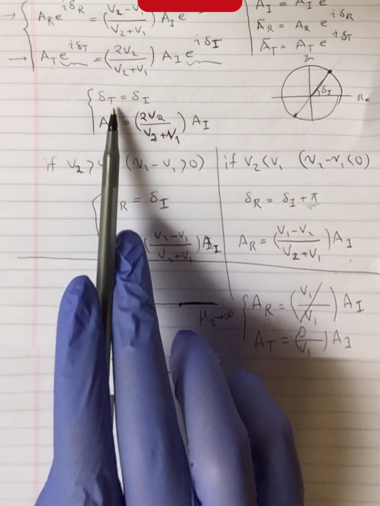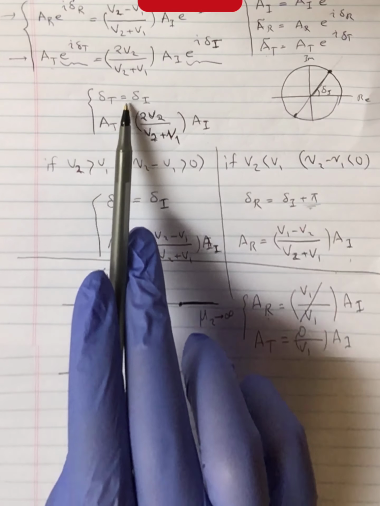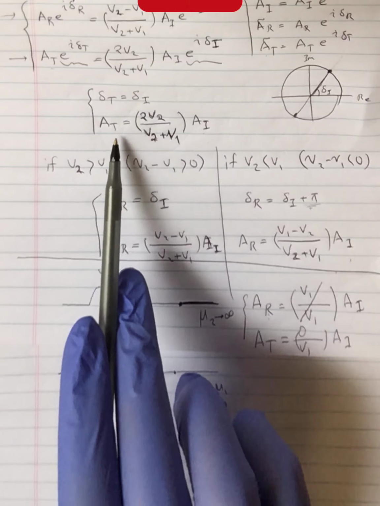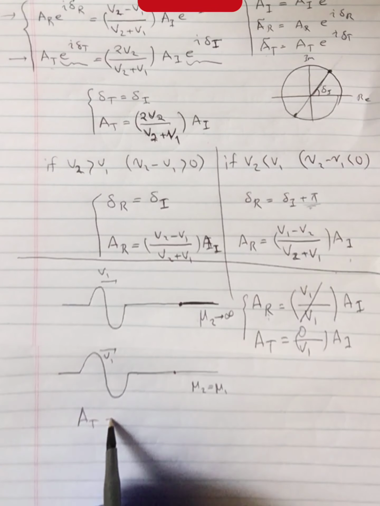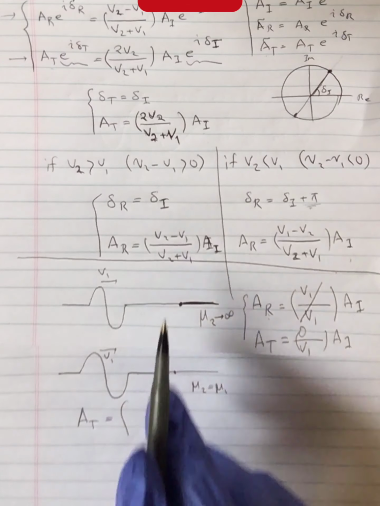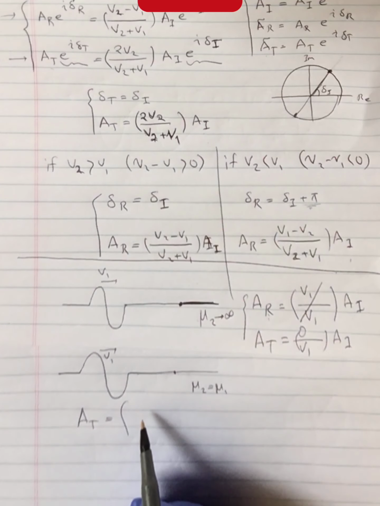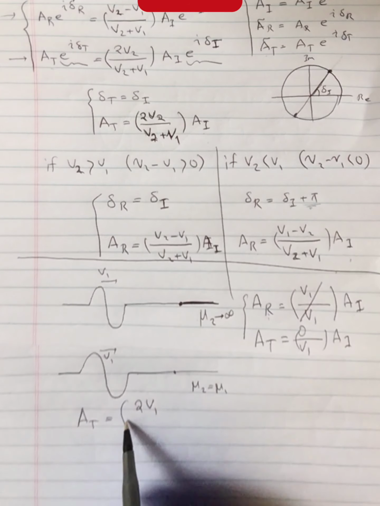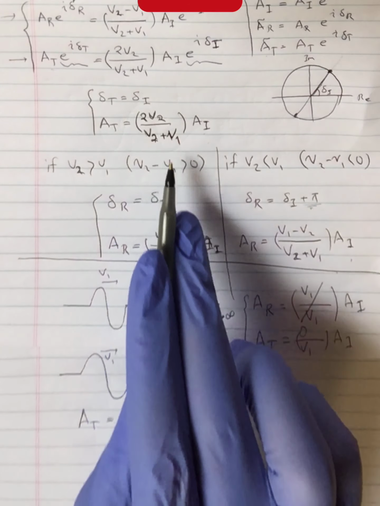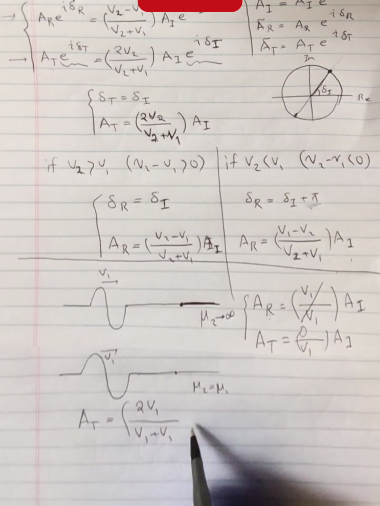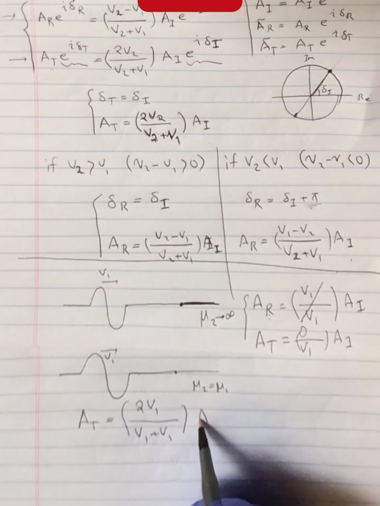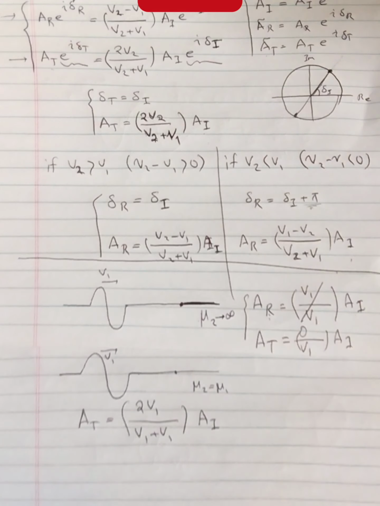From the top equation, delta t is always equal to delta I. And the amplitude of transmission AT is equal to 2 times V2, which is exactly equal to V1, so 2V1 over V2 plus V1, which is V1 plus V1, times the incident wave's amplitude.